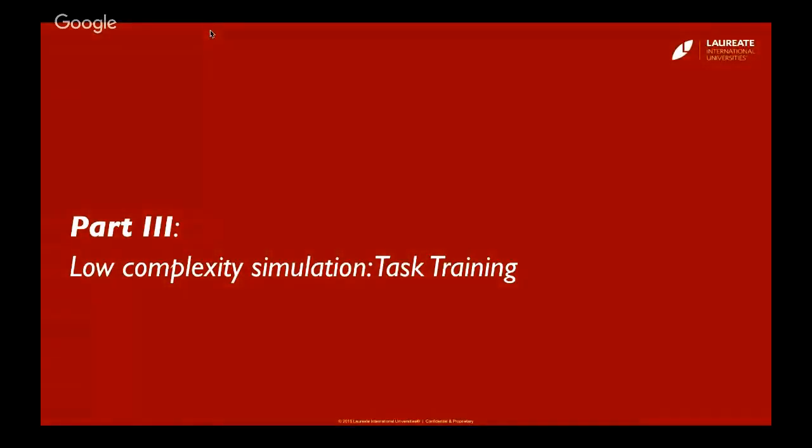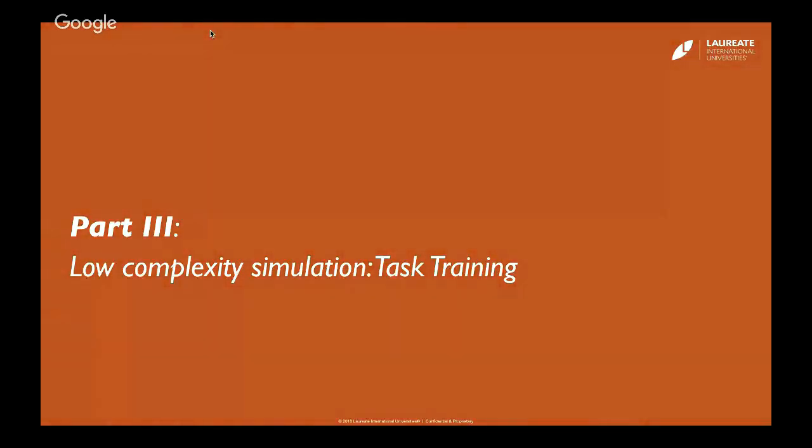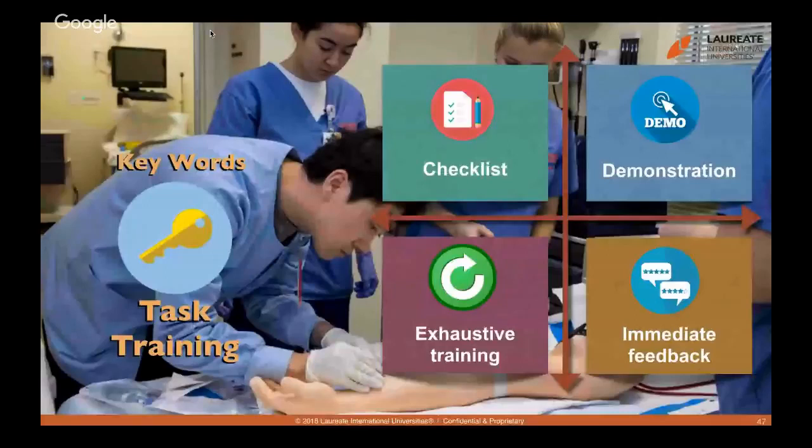So let's talk about task training in more detail, and let's talk about how to make it happen in your classes. I want you to keep in mind these 4 keywords when it comes to task training. So we have here checklist, demonstration, exhaustive training.